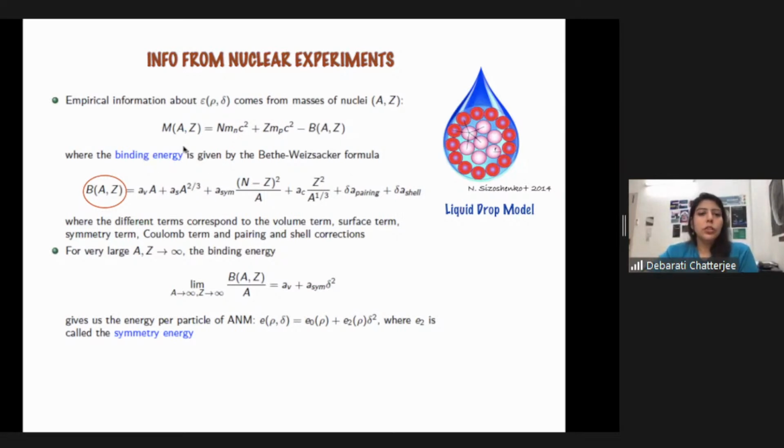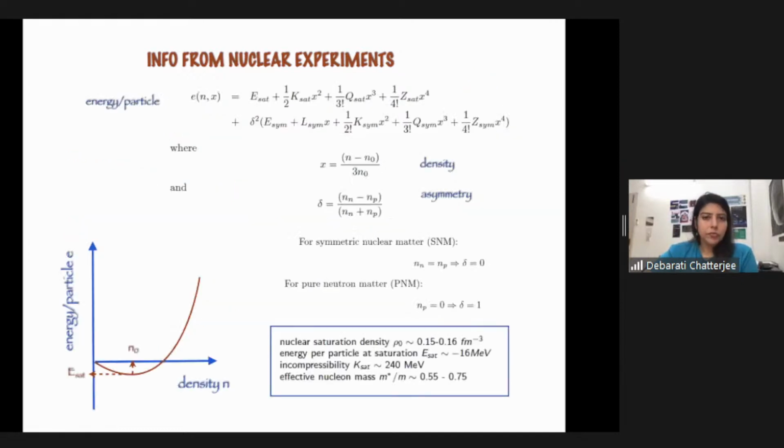So there is a formula for it that was proposed by Bethe and Weizsäcker. And it tells you basically that for infinite nuclear matter, there is a term coming from the volume and another term coming from asymmetry. And this is related to delta, and delta is nothing but the asymmetry.